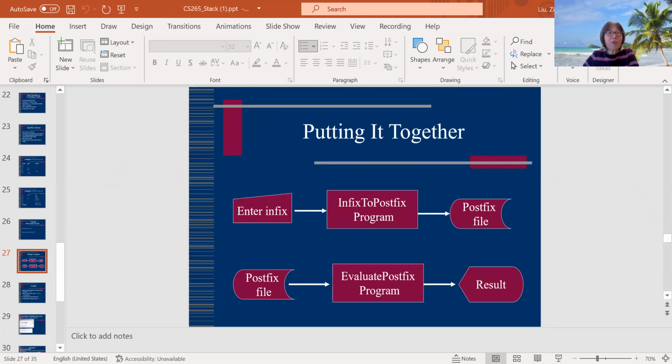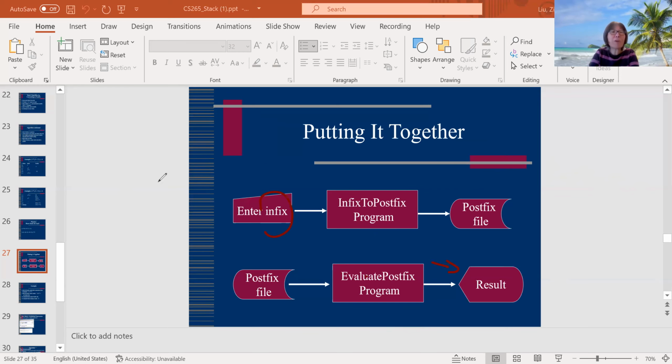And after we know infix to postfix expression, then basically we can put it together. If you have an infix, then you can do infix to postfix conversion, and you have a postfix expression. And with the postfix expression, you can apply postfix evaluation, then you will find the result.